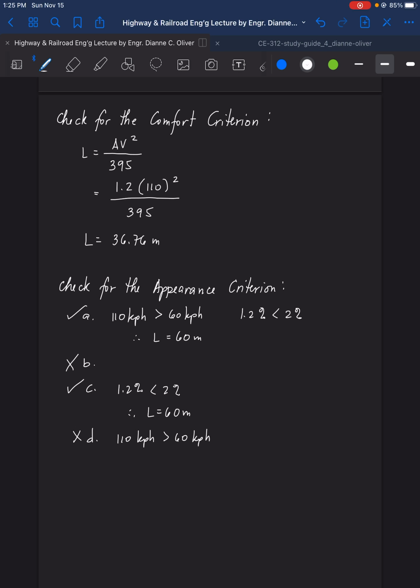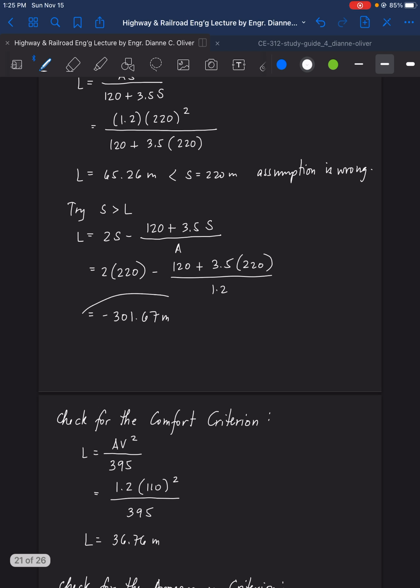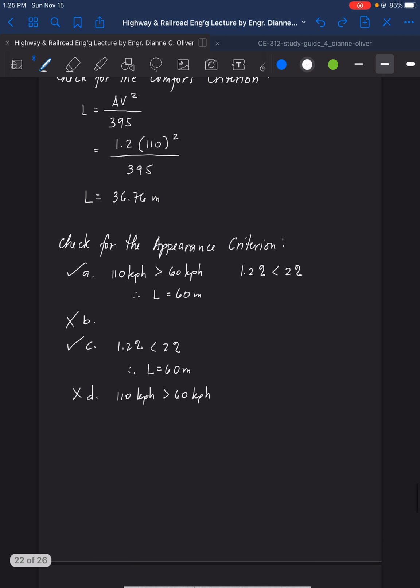So among these values of L, of course we will not be using the negative value, negative 301.67. Among these two, which will be used? Therefore, we will use L is equal to 60 meters.